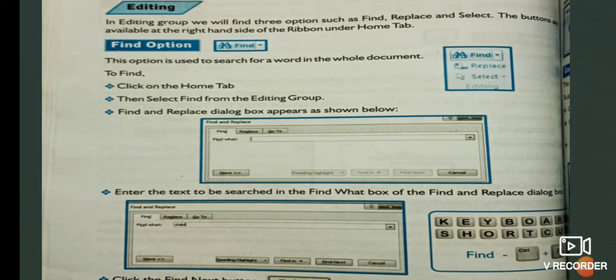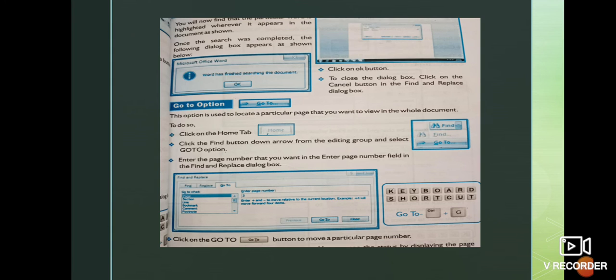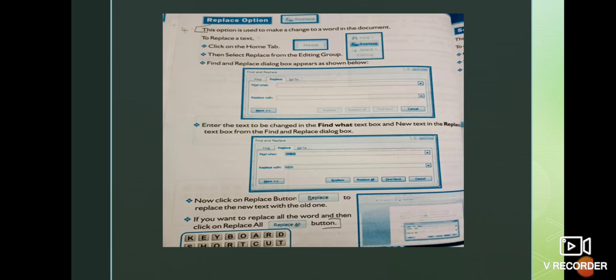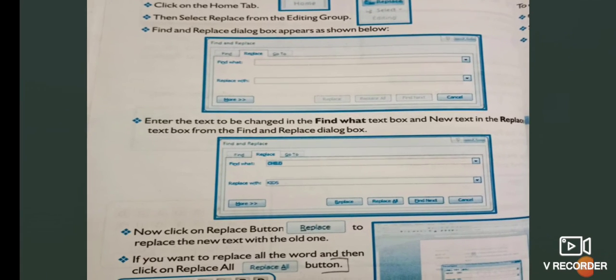You are typing an essay and then you want to find a particular word called forest, okay. Just select find from the home tab and then type the word you want to find, okay, and then click ok. So in this way you can find the word.